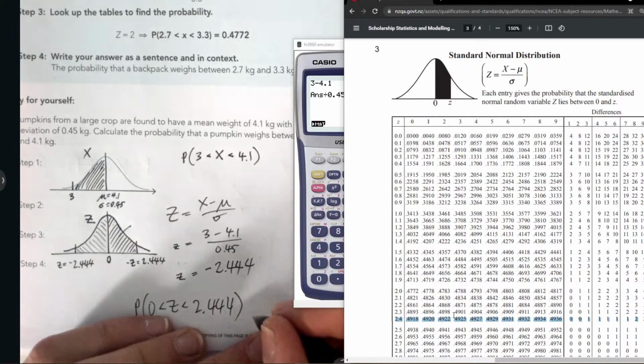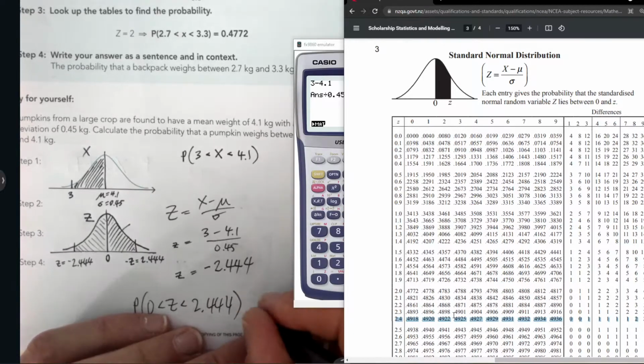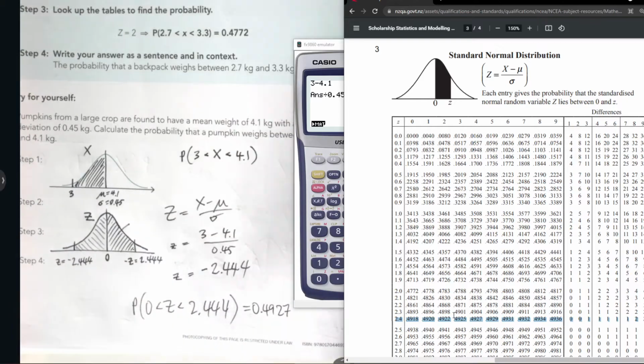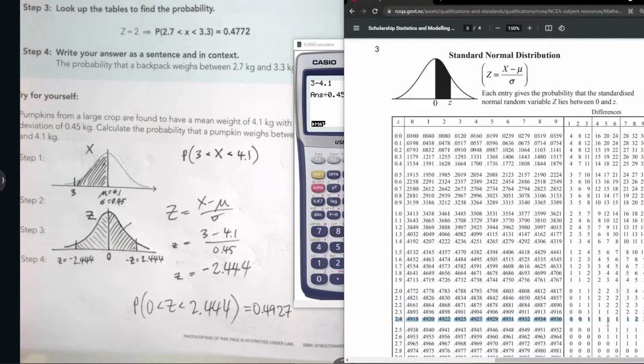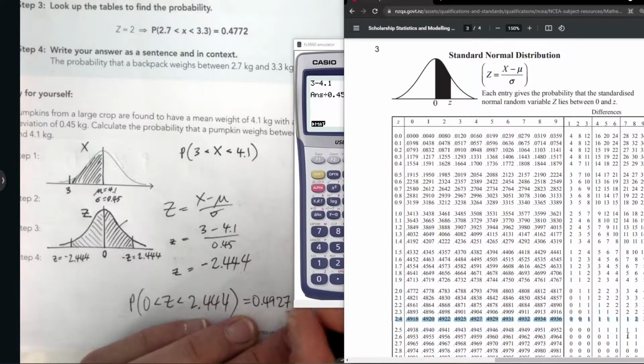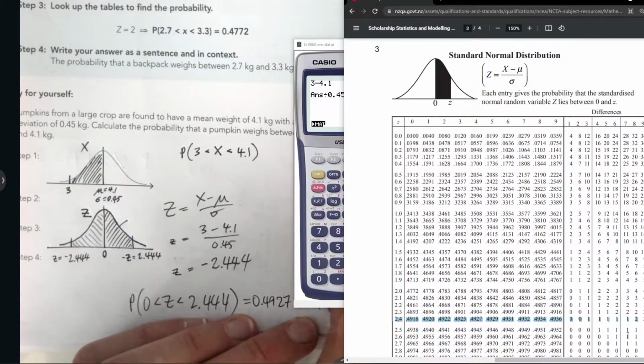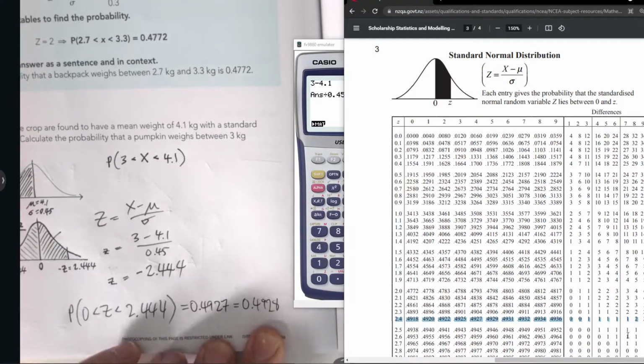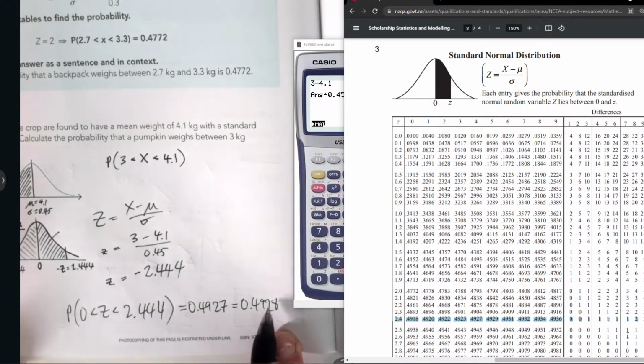Oh no, it's not. Oopsies. 0.4927. And then we're going to add on a difference of 4. A difference of 4 means we just add on a 1 to the last digit, so it's 0.4928. Whoopsies, I did it in my head. My bad, guys.